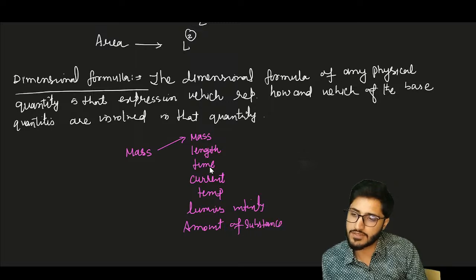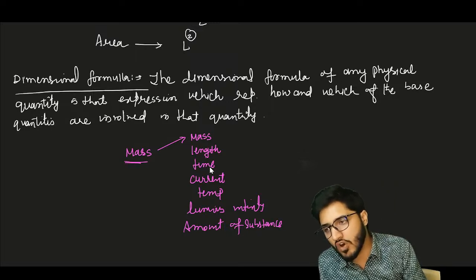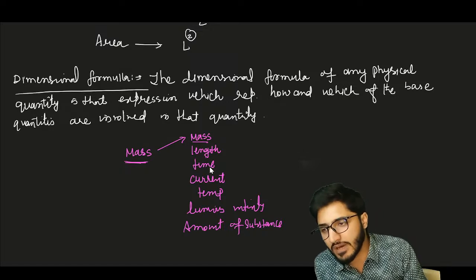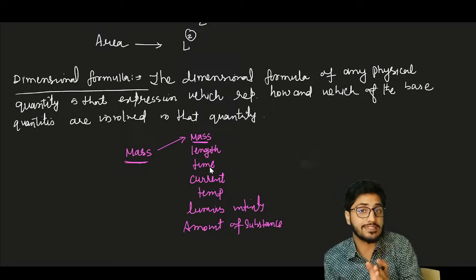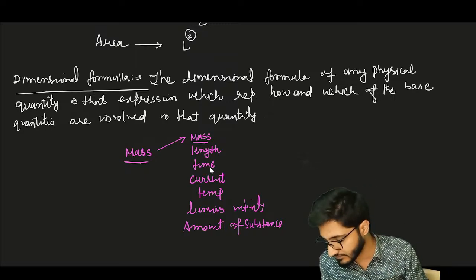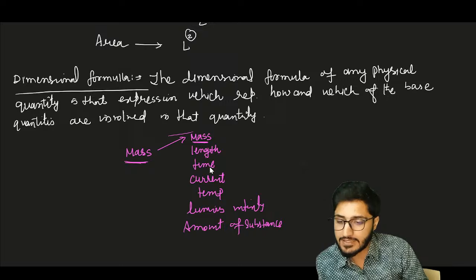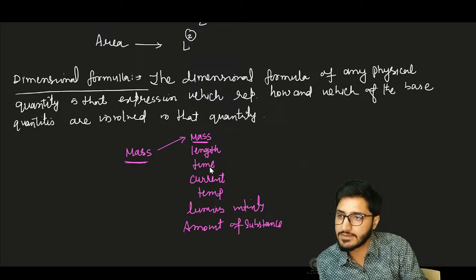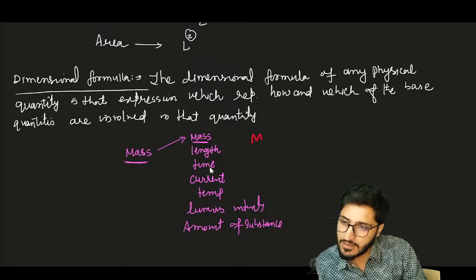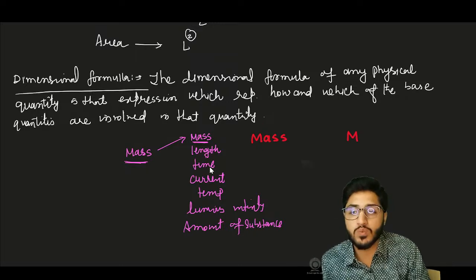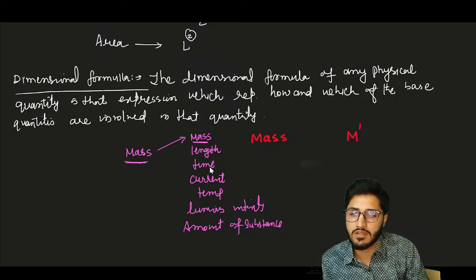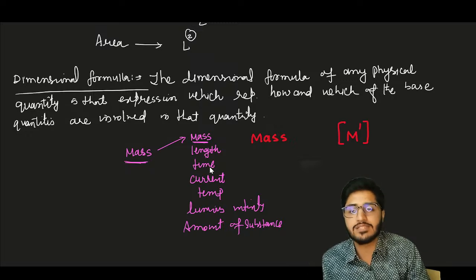Mass is only depending on mass. That's why it is a base quantity. So I can write mass, depending on mass 1 time, and place a square bracket.